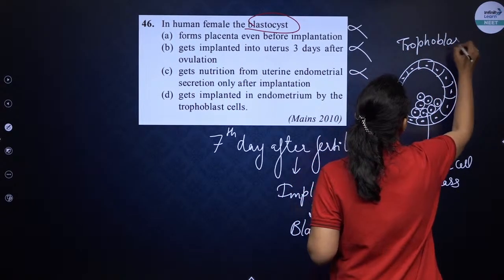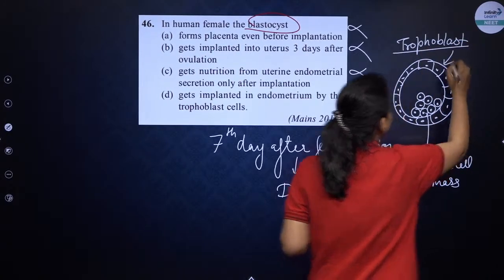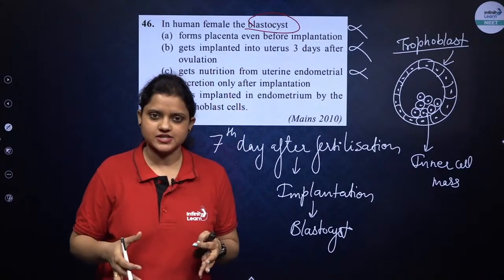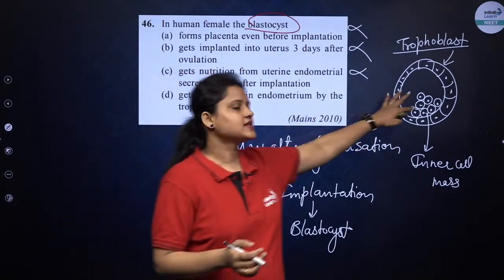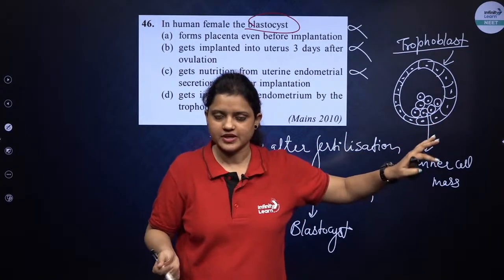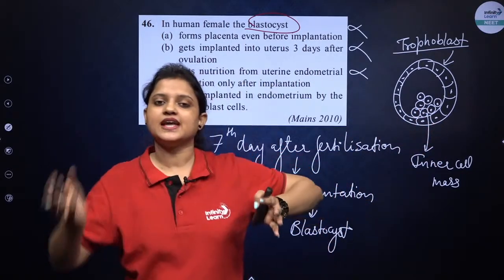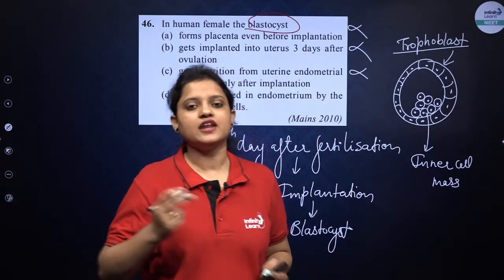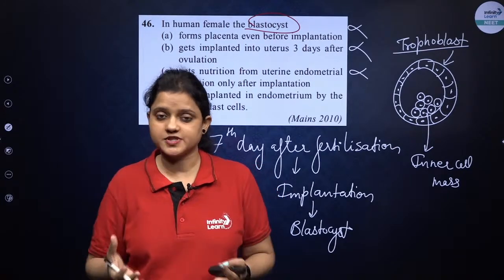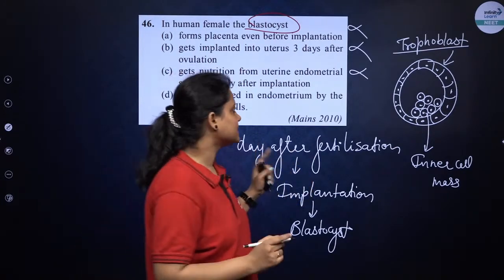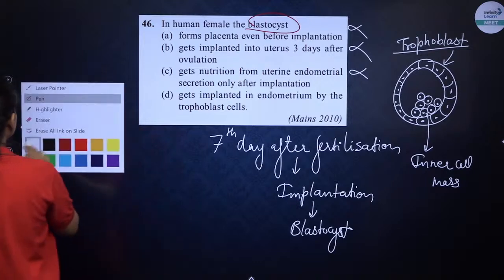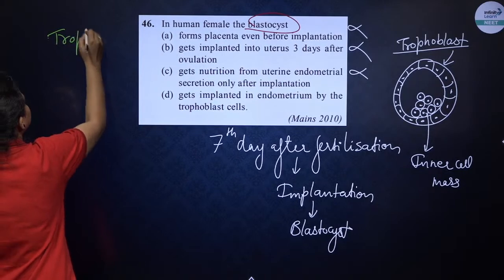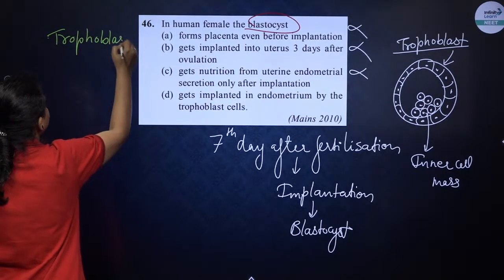This trophoblast layer is very important, dear students, right? Now this trophoblast layer will give nourishment to the inner cell mass that will develop into embryo, right? This trophoblast layer also secretes HCG. It is also a sticky layer that helps in implantation, and in future it also forms placenta. So this trophoblast layer is very important. Shall we write it down? Every important function of trophoblast layer, let's write it down.